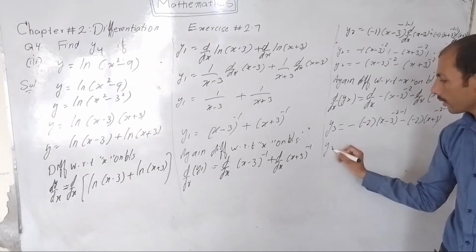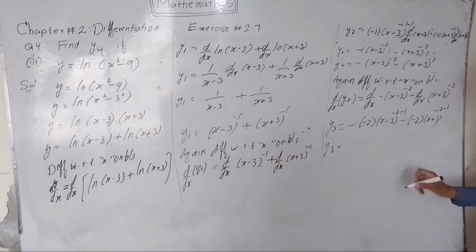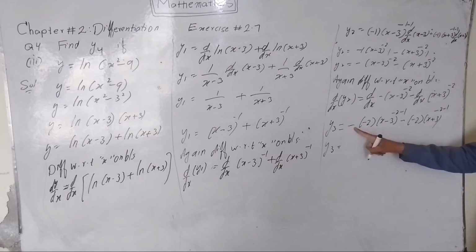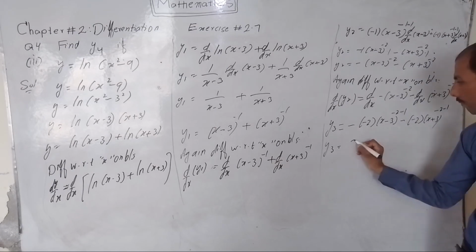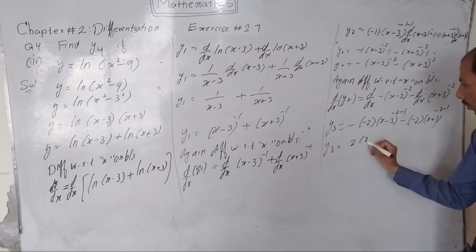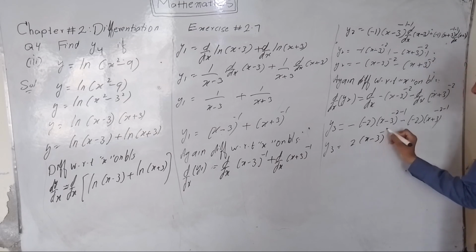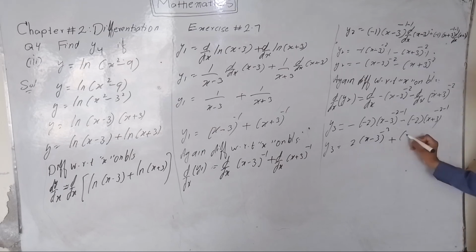So y3 is equal to minus multiply minus plus 2 into (x minus 3) whole power minus 3, minus multiply minus plus (x plus 3) whole power minus 3.